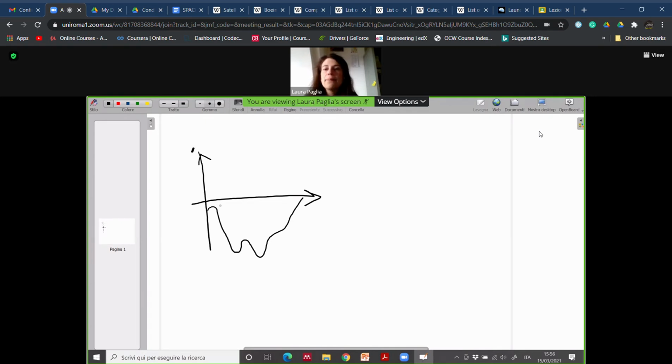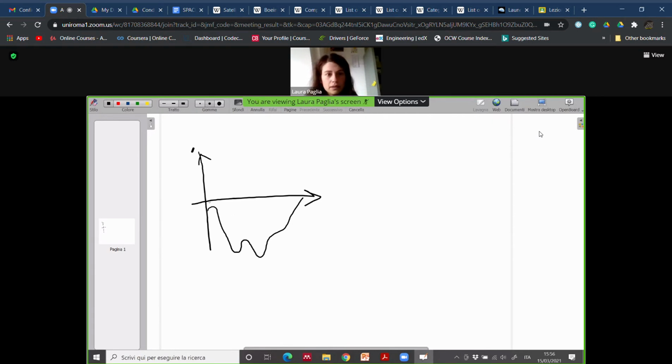I can separate the peaks. How? With a Gaussian curve. I can use, for example, a mathematical software which is able to individuate the peaks and substitute each peak with a Gaussian curve.